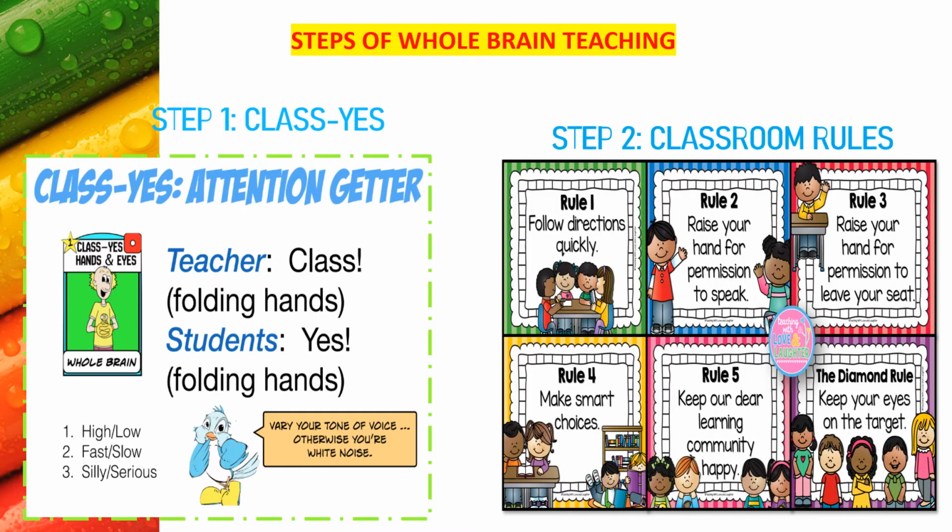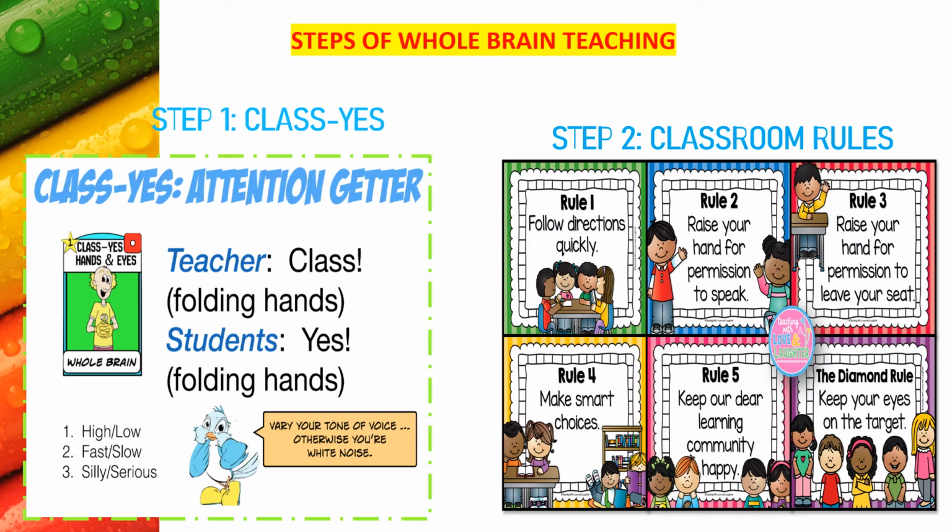The next step is that the teacher specifies the different rules of the classroom. The rule states that they have to follow the directions very quickly. Each and every direction should be followed very quickly, so they can do it when they are very attentive.